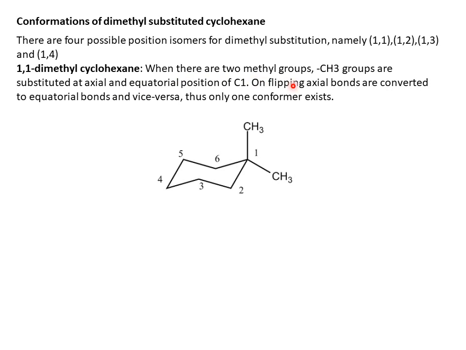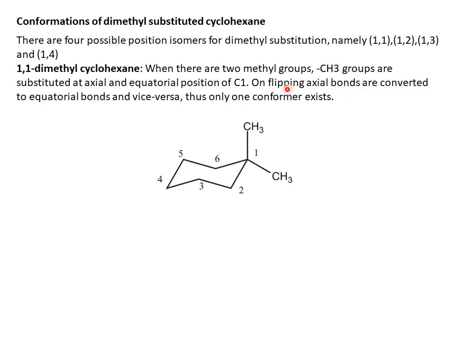When there are two methyl groups substituted, there is only one way: one methyl group is at the axial position, and the other methyl group at the equatorial position. During flipping, the axial methyl group is converted to equatorial methyl and equatorial methyl is converted to axial methyl, that we have seen in the earlier slide.